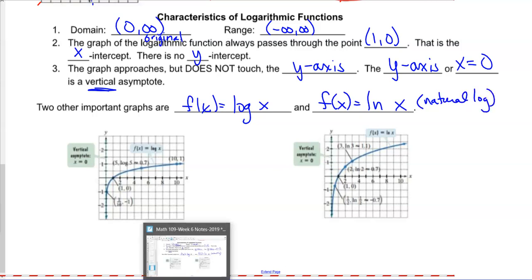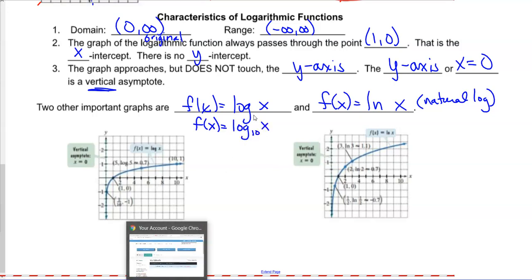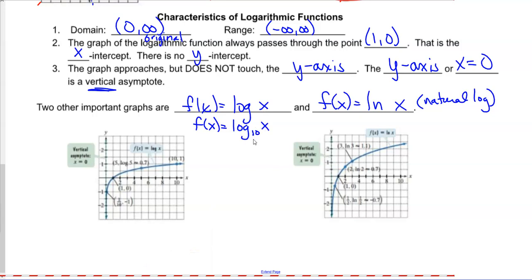Now, the thing about these, if you look at them, they do not have a base. When we write them like this, if you look on your calculator for some logs, they have no bases on there like I had up there for log base 2. So I want to remind you that this function is understood to be a base 10. So these 2 things are the same. They just remove the base 10, okay?